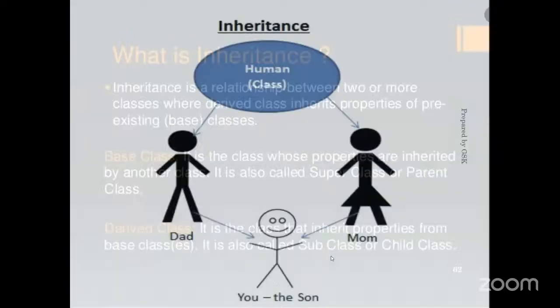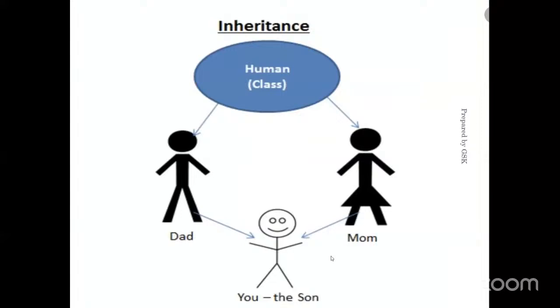See this image. This is a real life example for inheritance similarities. For example, we have the class with the name human. Every human has generally two legs, two hands, one head, some structure. So those are some similarities for all human beings. From the human being, we are getting some common properties.